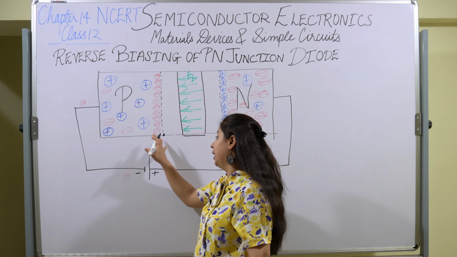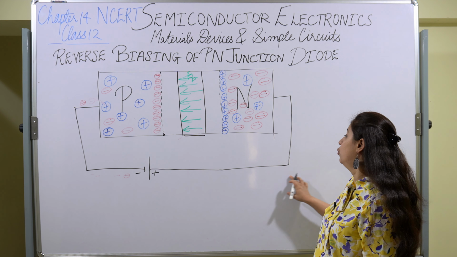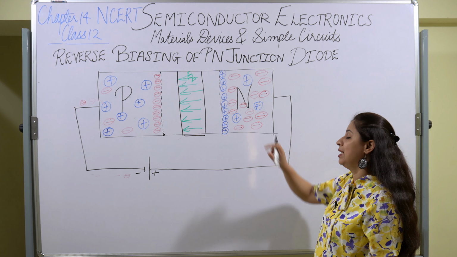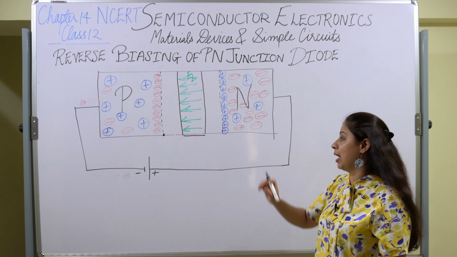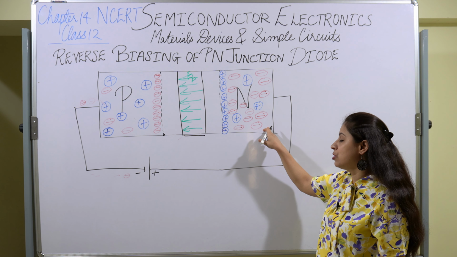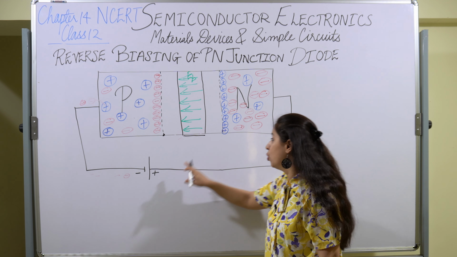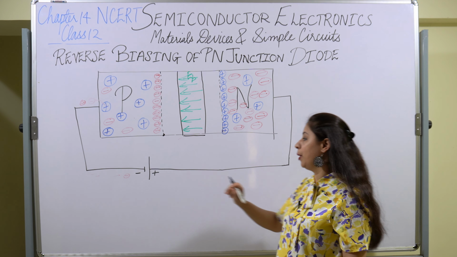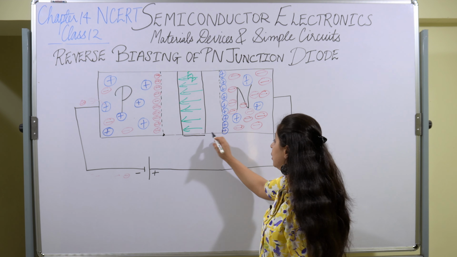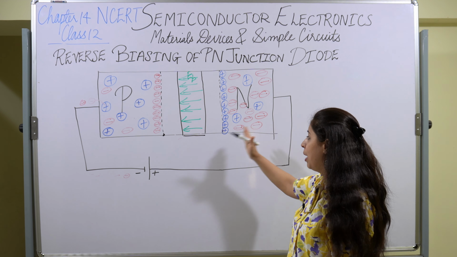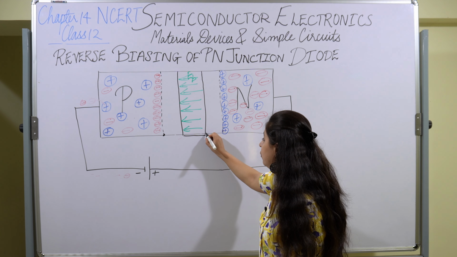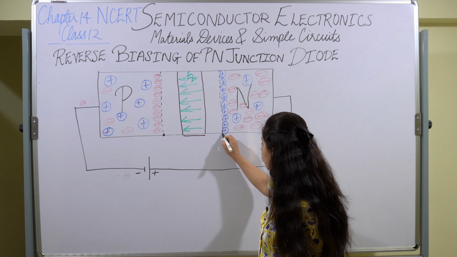Similarly, the holes will move from here and they will get attracted towards the electrons of the n-type semiconductor. My electrons will be attracted with the holes over here. So what will happen again? They will push all the electrons this side, and my depletion layer will now shift to this point.